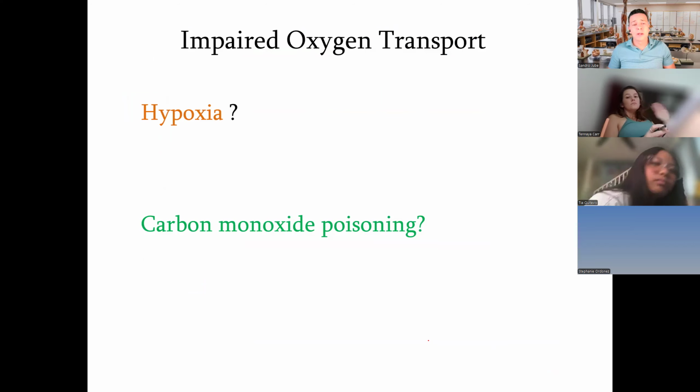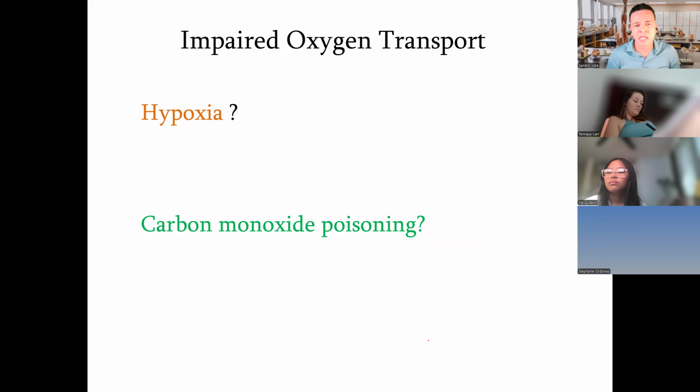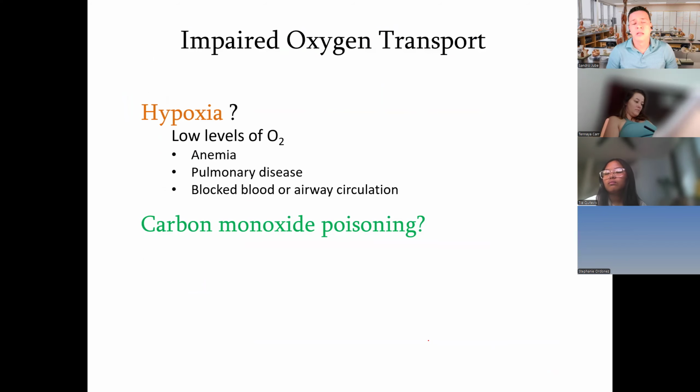All right. So now let's talk about some impaired oxygen transports. One of those issues that we can have with our respiratory system, something called hypoxia. What is hypoxia? Hypoxia is when we have low levels of oxygen to a tissue. Now, several things can cause hypoxia. Anemia can cause hypoxia. Why?